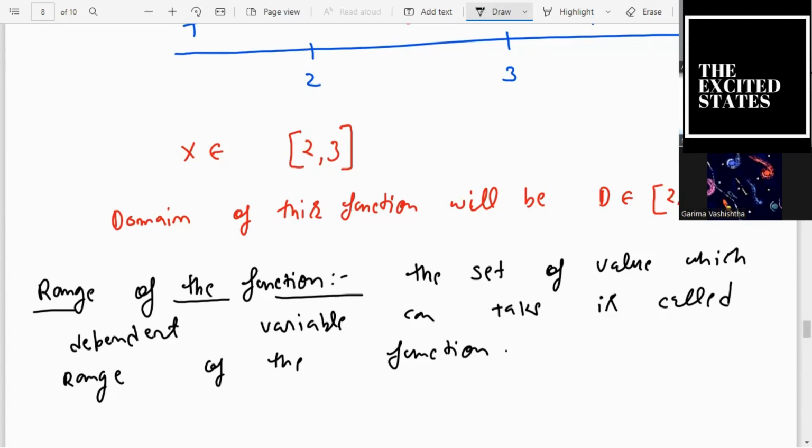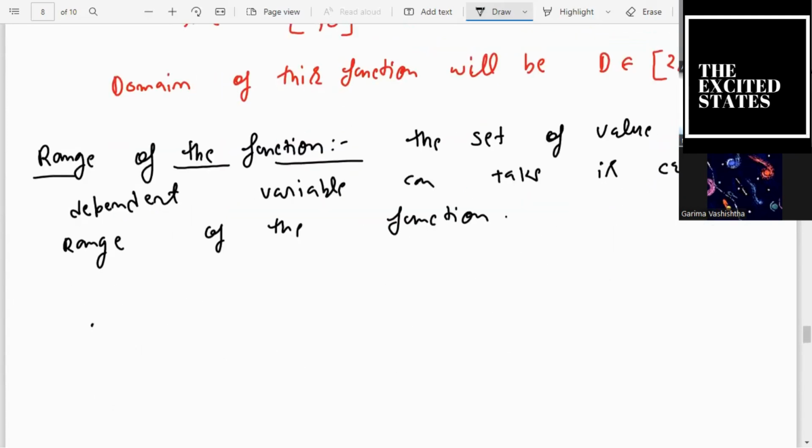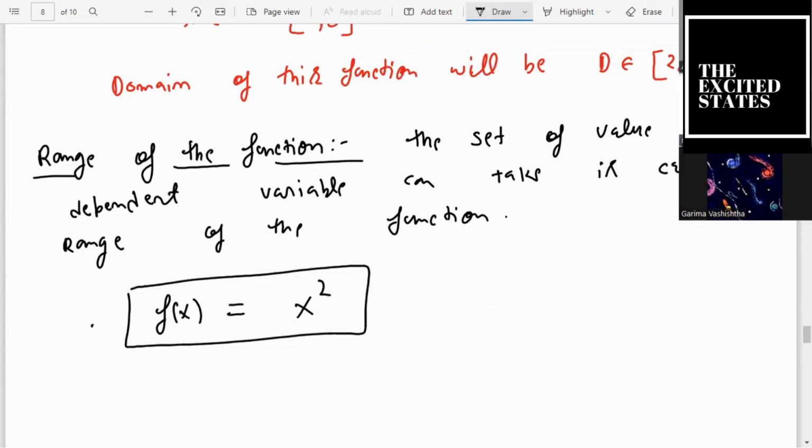Let me just give you an example. For example, f of x is equal to x square. Can you tell me the range of this function? That means what is the minimum value and what is the maximum value that this function can take? Can x square ever be negative? Let's suppose I put x equal to minus 2.